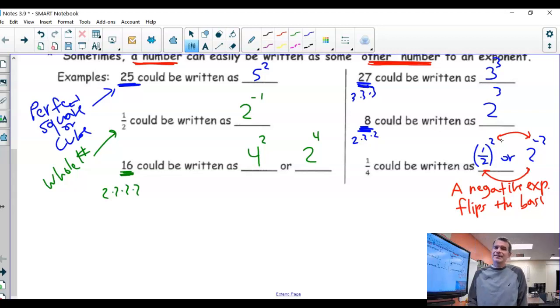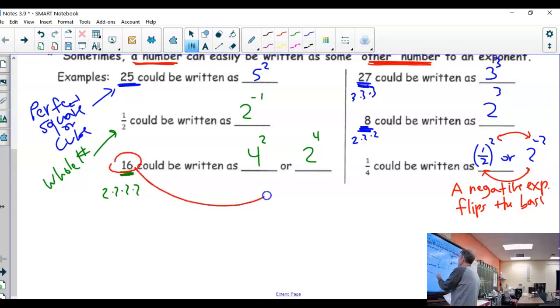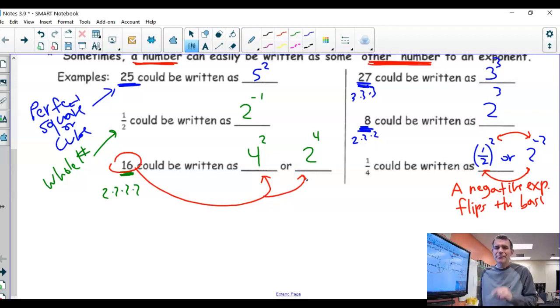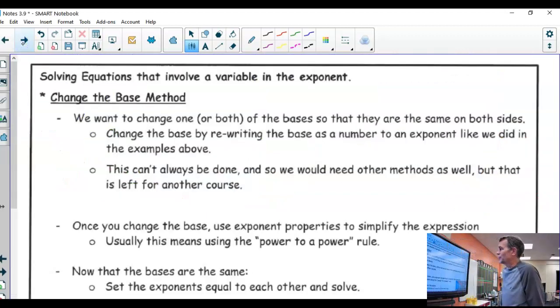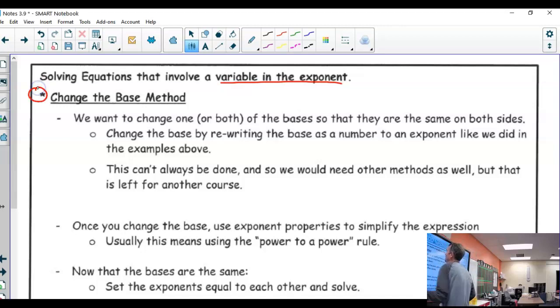All right, if we have a handle on that skill, that we can take some number and write it as a whole number to an exponent, we are ready to see the whole thing now. So the way that we will solve equations that have a variable in the exponent is we will use this thing called the change the base method.